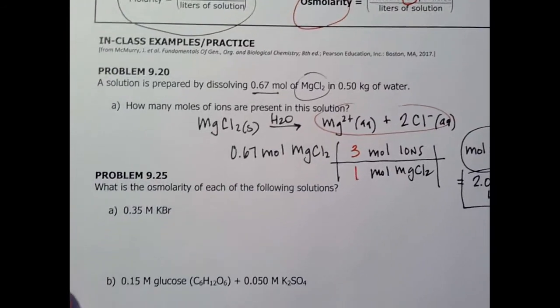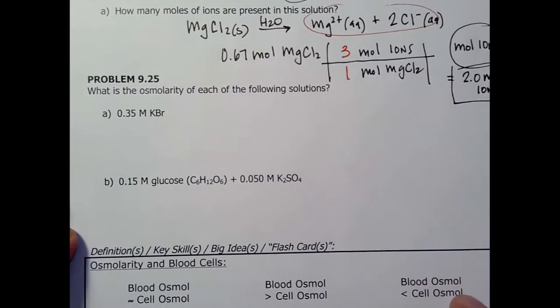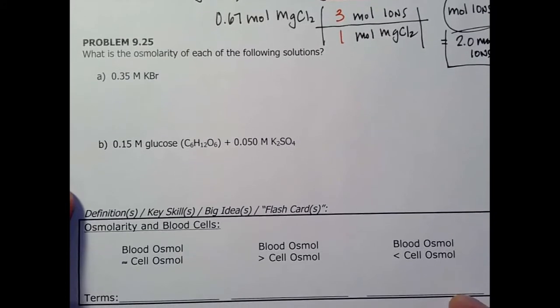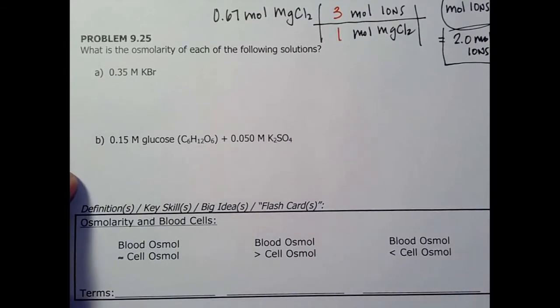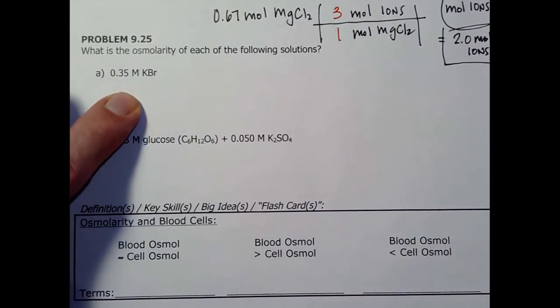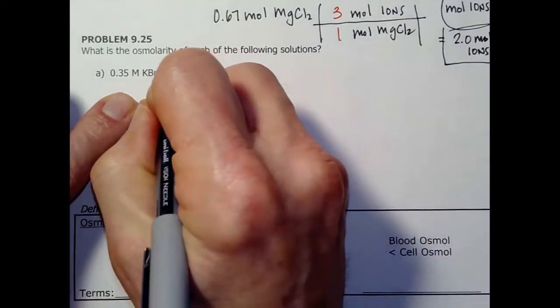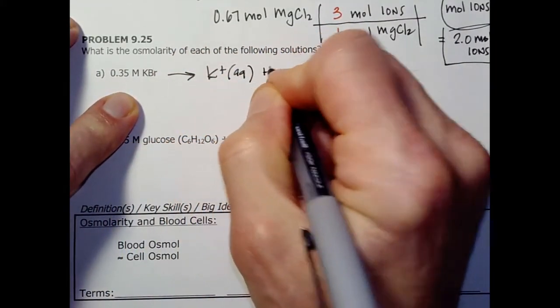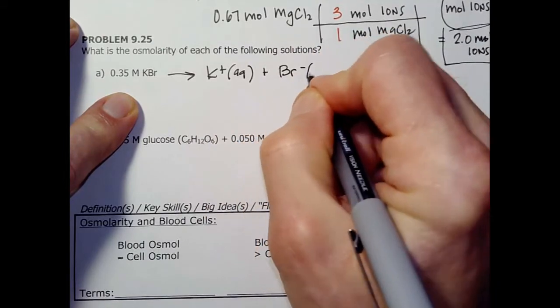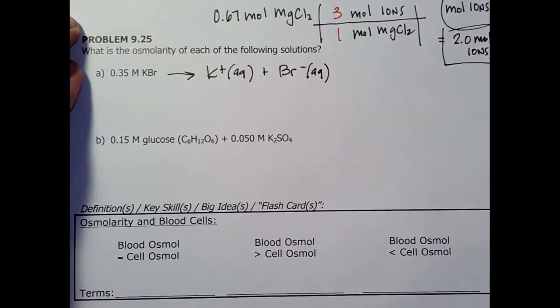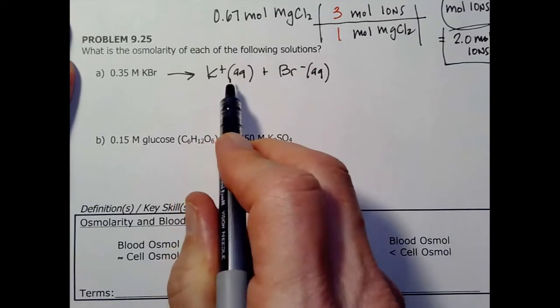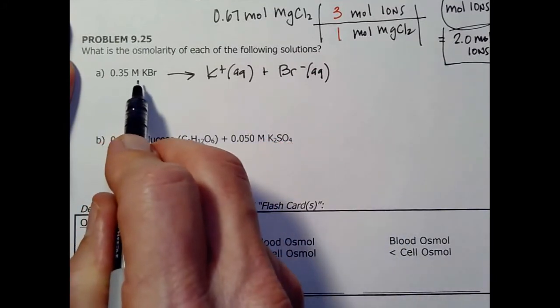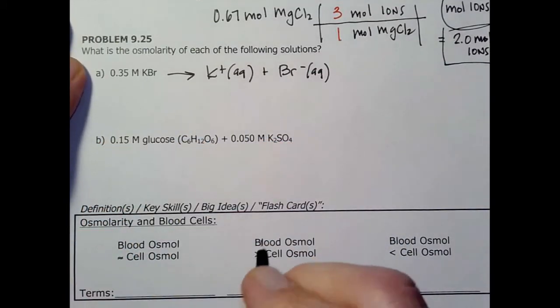Now let's calculate the osmolarity. Osmolarity always sounds like it'd be an excellent name for a heavy metal rock band. I have to recognize, oh yeah, that's a strong electrolyte. In water, I'm going to have K plus aqueous and bromide aqueous. So I'm getting 2 ions for every 1 mole of KBr. So I could formally do this.